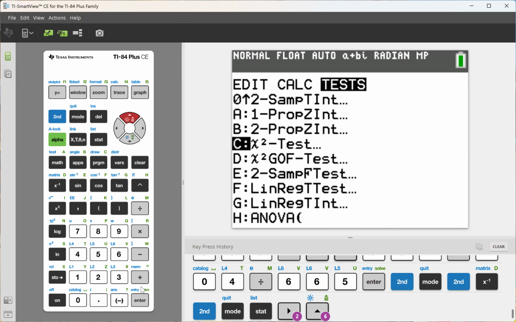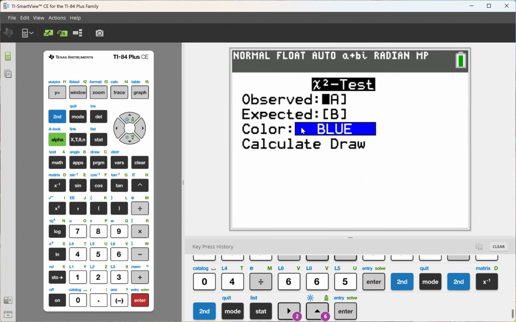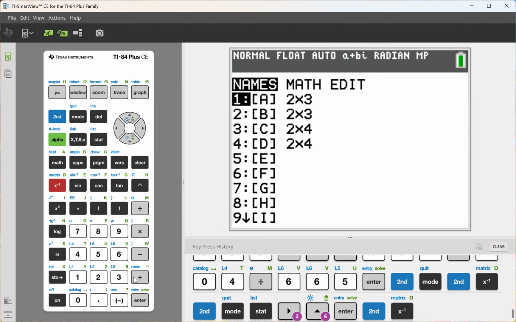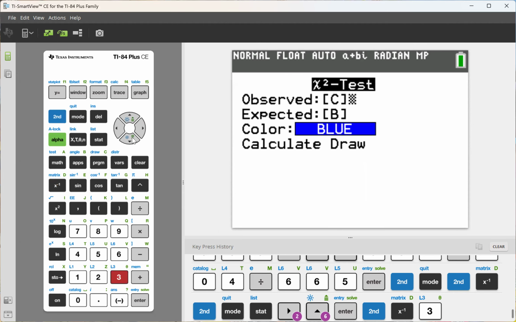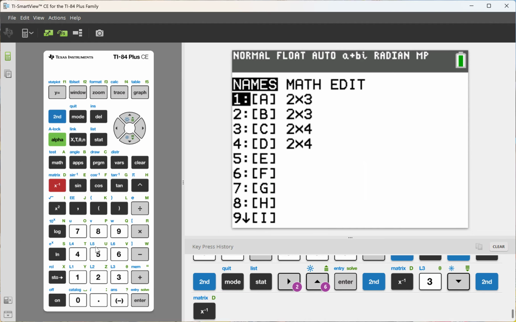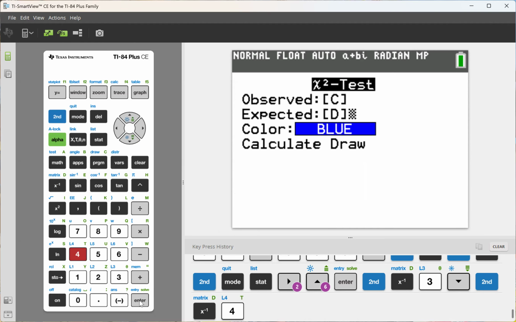And I know it's the correct test because it asks me for matrices. And I put what we observed from the survey, I put that in C. So we go second matrix, number 3. I put what I expected that I calculated, I put that in D, number 4. And then we calculate.